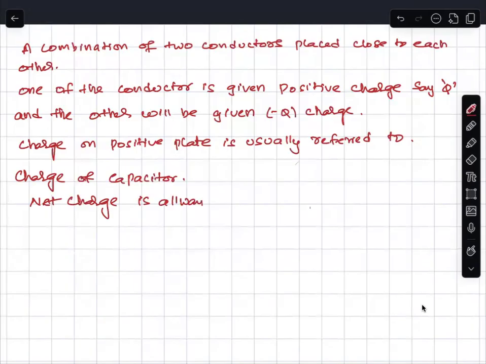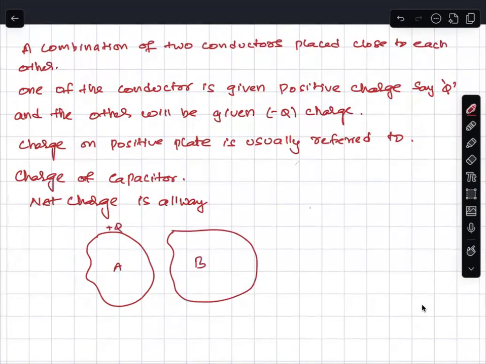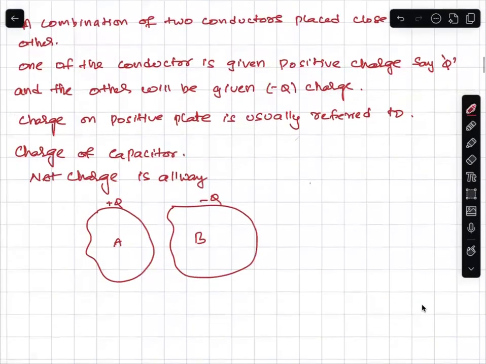Why? Because whatever positive amount you give to, say, conductor A, and you take another conductor B, you have given plus Q to this and minus Q to this. And it will have some potential V plus, and it will have some potential V minus.